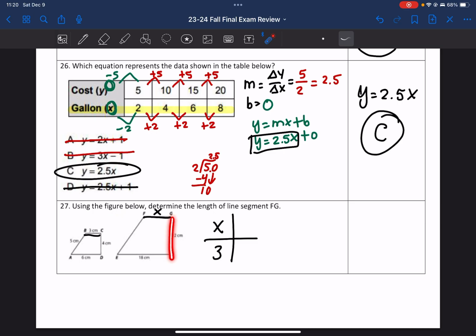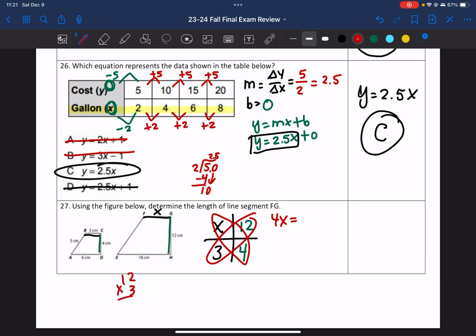Now, going back to the big one, I'm going to pick another number that I can use. I'm going to use this one. Let me do this in a different color. 12. Now, I have to find the corresponding side over here on the small one. That is going to be 4. So here, we're going to cross multiply: 4x and then 12 times 3, which is going to be 36.